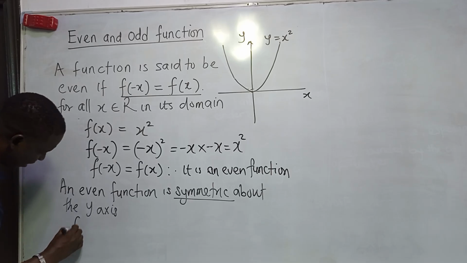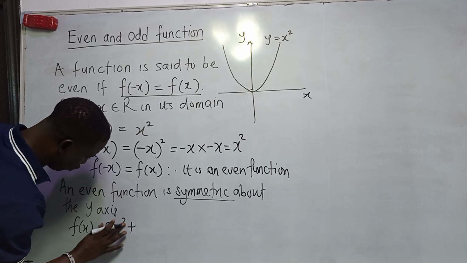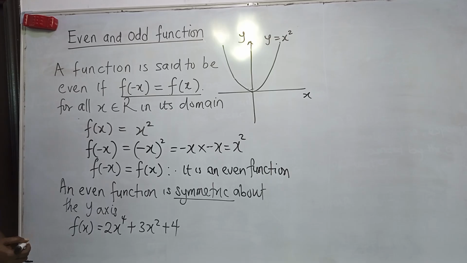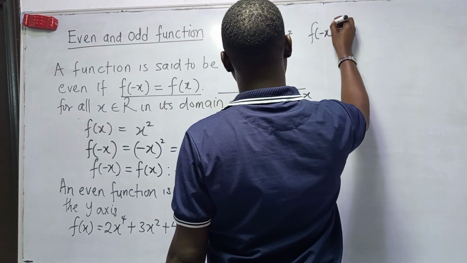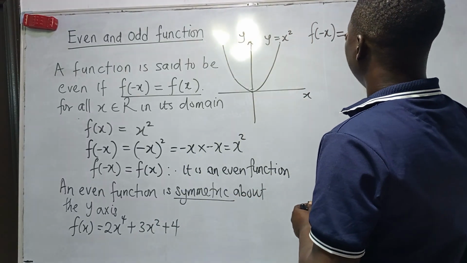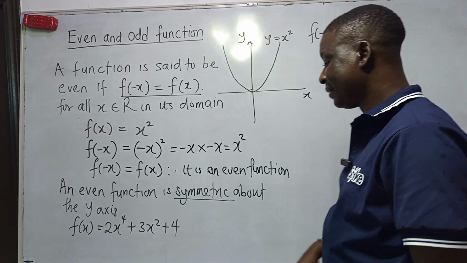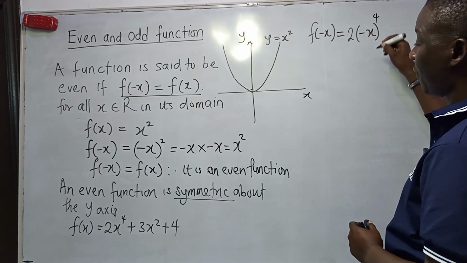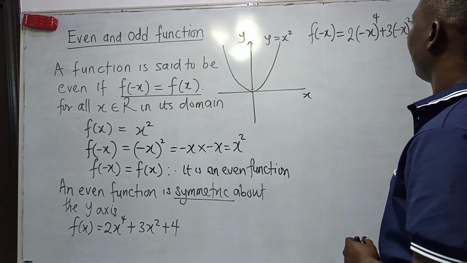Let's take another example. For example, f of x is equal to 2x to the power 4 plus 3x squared plus 4. How do we do this one? All we are going to do is take f of minus x and put it inside the function given to us. When we test on it, we have 2 into bracket minus x raised to power 4, plus 3 into minus x all squared, plus 4.